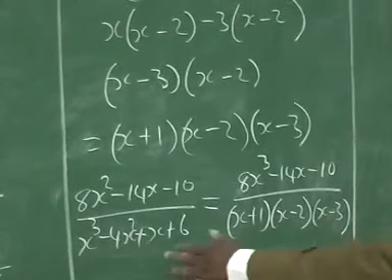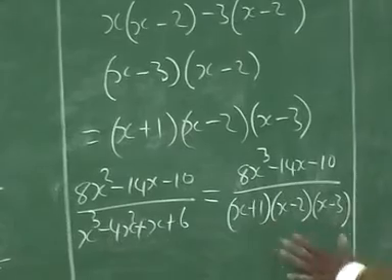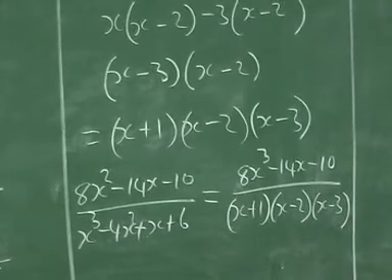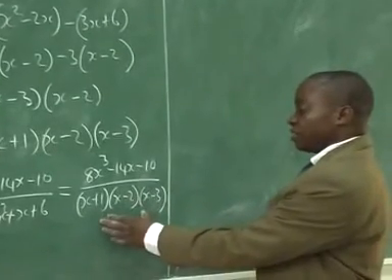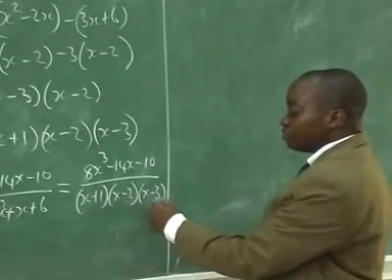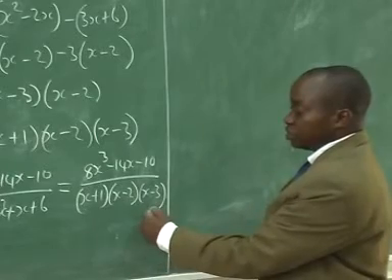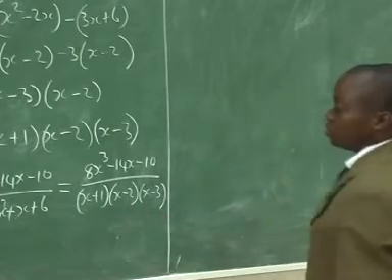So this is the same as writing this way. This one now is what we are going to resolve into partial fractions, and we see that it has different linear factors.